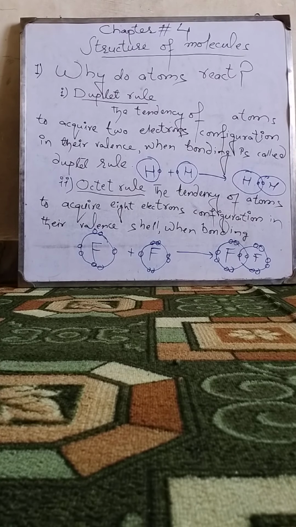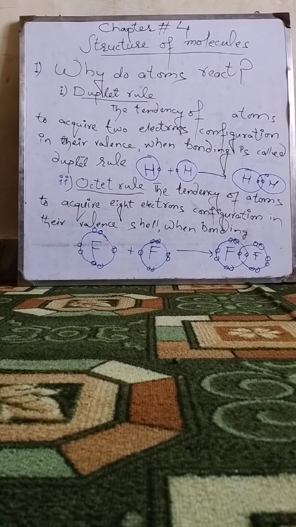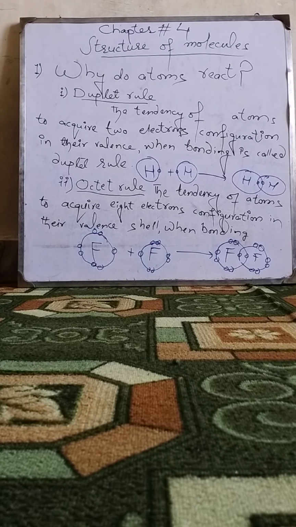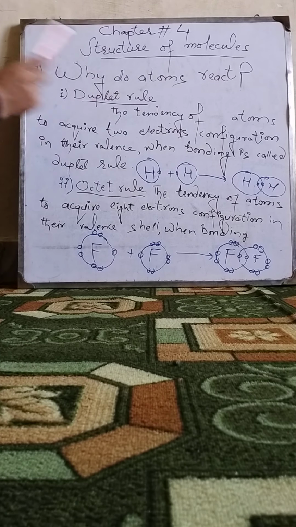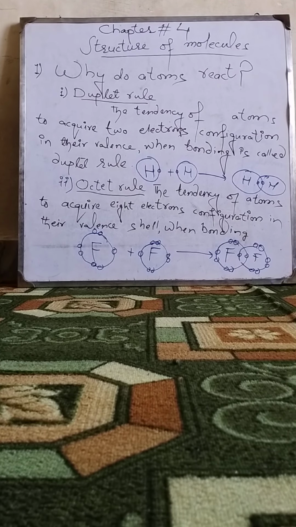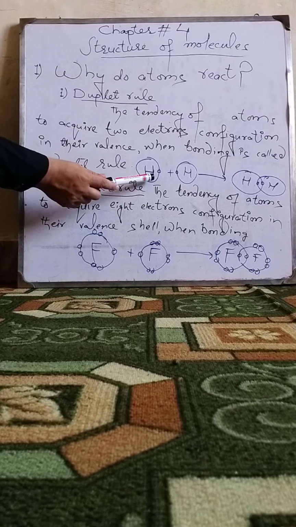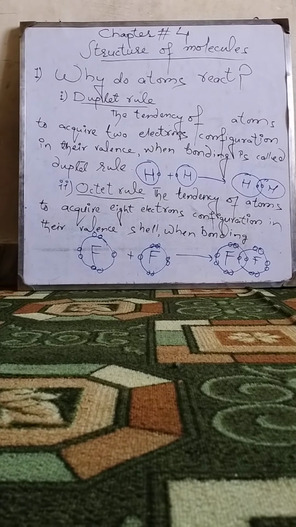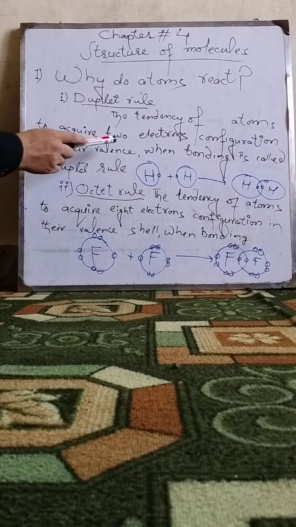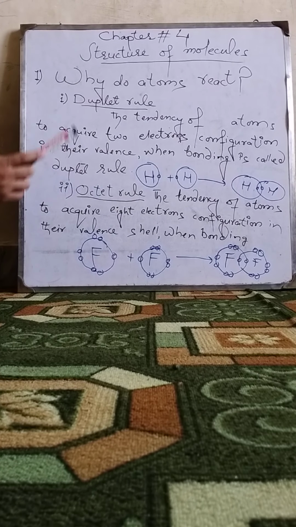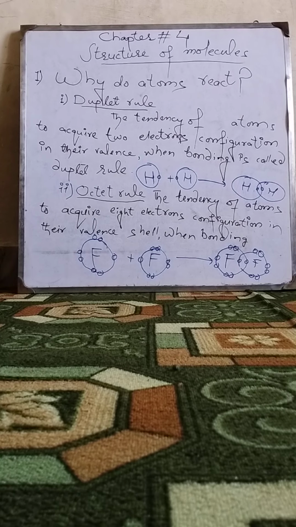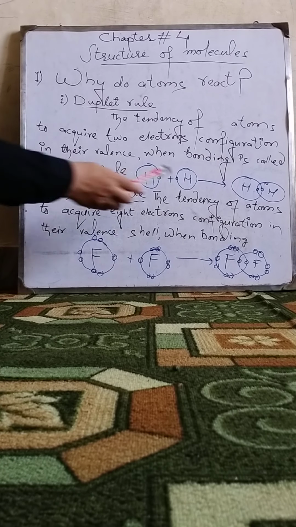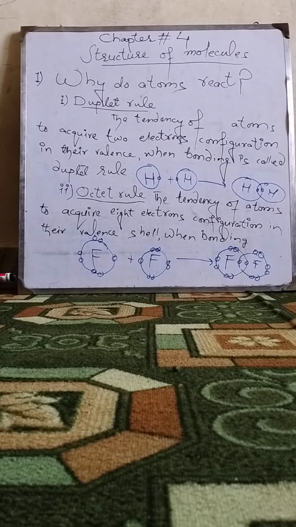This hydrogen will make a bond with another hydrogen atom in order to acquire two electrons in its valence shell, and this is the electronic configuration of helium, which is a very stable noble gas. So every atom wants to become like a noble gas. Hydrogen also wants to become like a noble gas, so it will obey the duplet rule because it has only one electron in its valence shell. Having two electrons in the valence shell is known as the duplet rule.